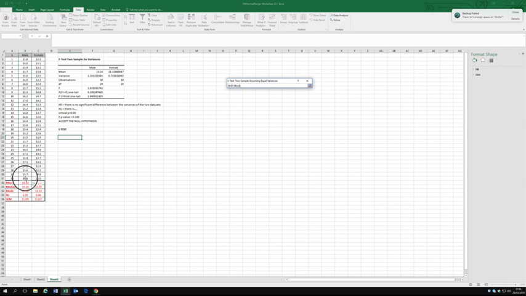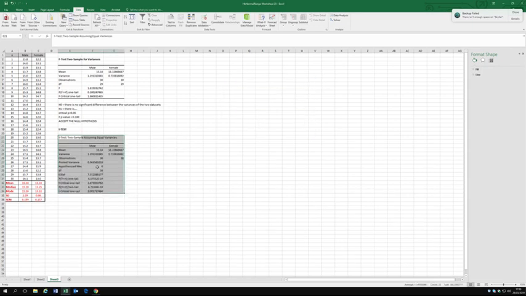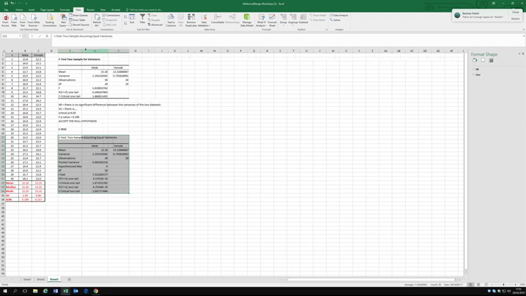So we've got male and we've got female. And we have labels, and our critical value is still 0.05, so that's the significance value, and our output range, I'm going to select this box here, and we click OK. So now we have our t-test for our two data sets.